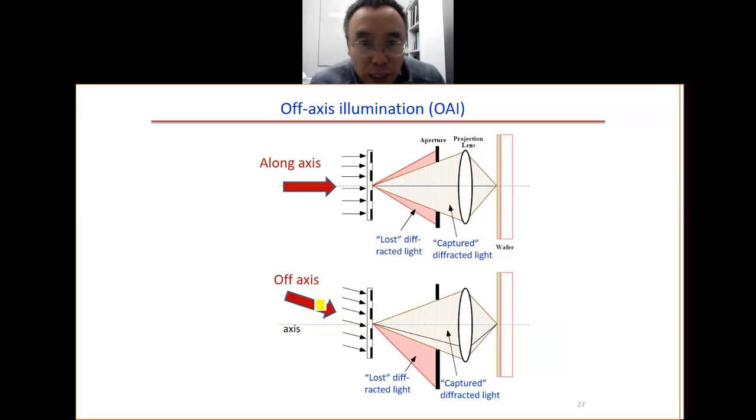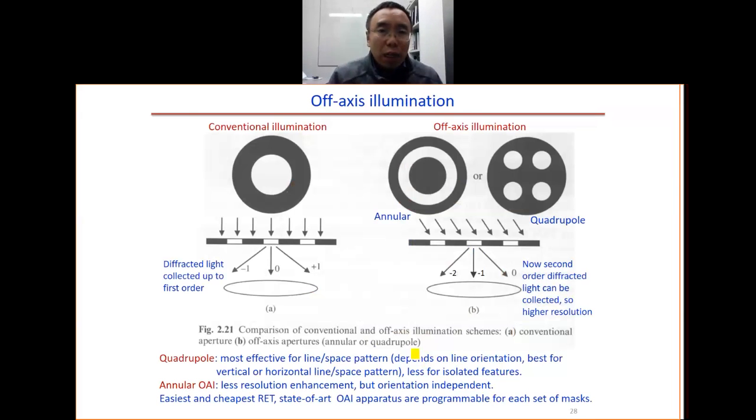If we do the off-axis illumination, this part is collected, and this part is lost. So here is the schematic. You can see the drawing is only schematic, not to scale. Actually, the size of the photomask is much smaller than the size of the lens. And also the light, obviously, does not come from one slit. It comes from all the slits, not from this one slit.